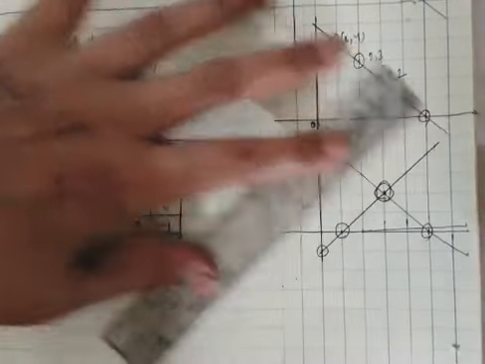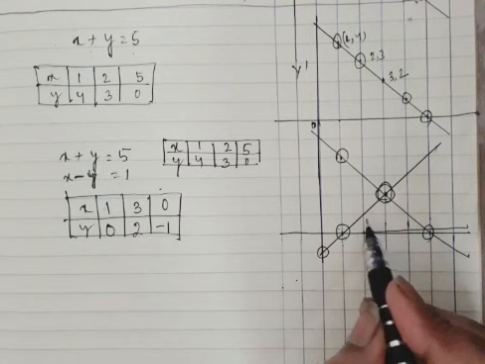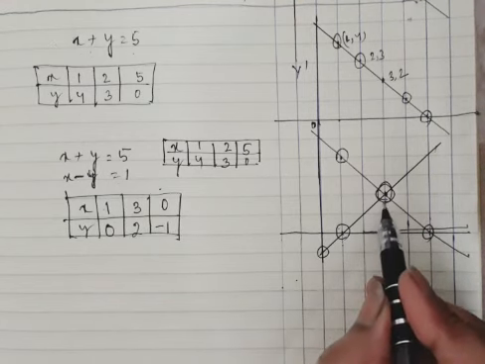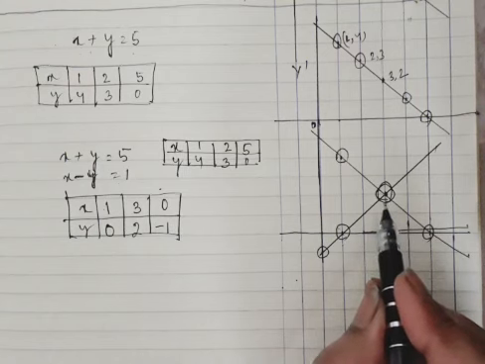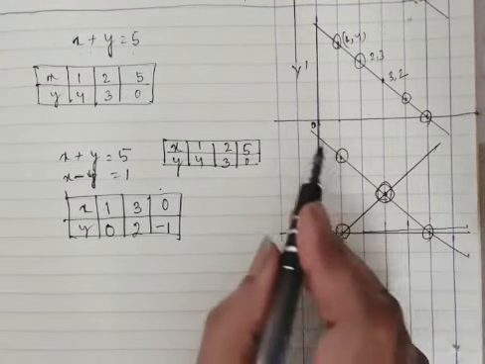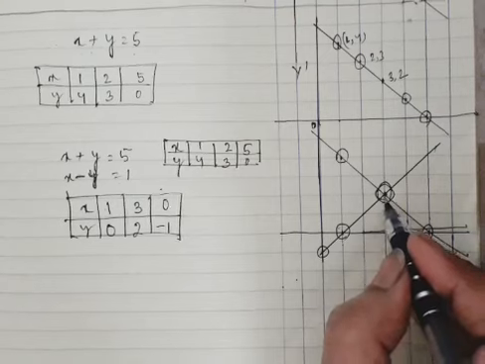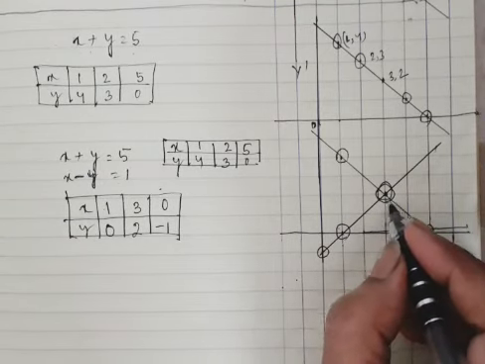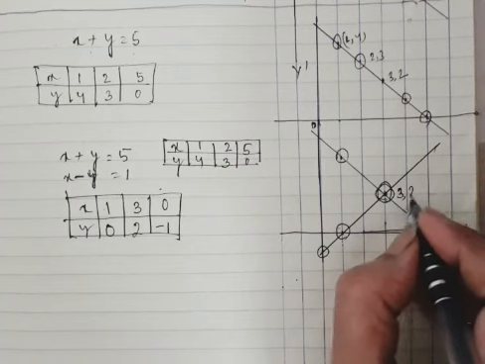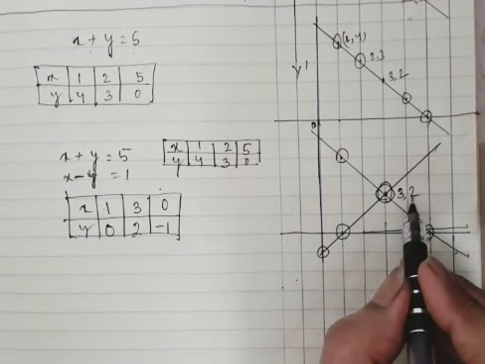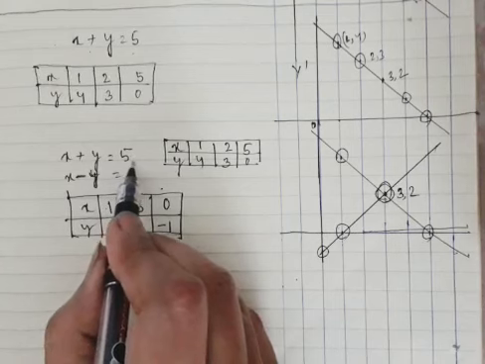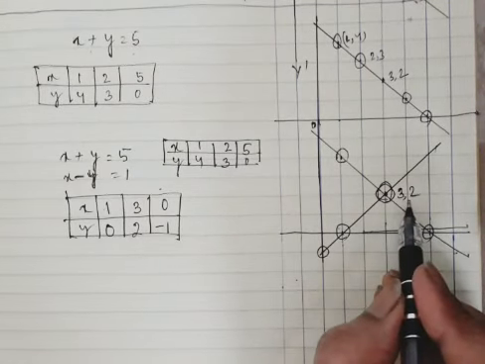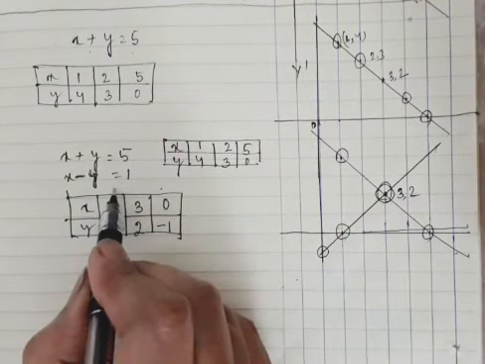all these 3 points. So you see, now we have drawn 2 lines and they intersect each other at a point. This point lies on the first line as well as on the second line, and the coordinate of this point is 3, 2. So we can say this 3, 2 is a solution to the first equation, as well as a solution to the second equation.